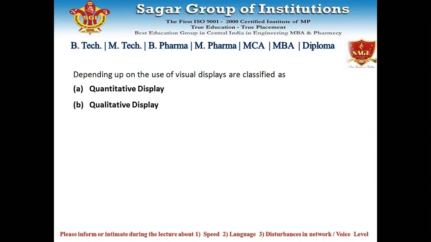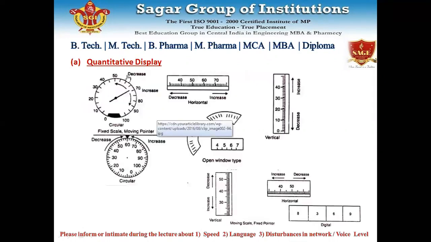Now, this moving element is a pointer, such as the position of a plane on the screen. So, this quantitative display you can see on your screen.